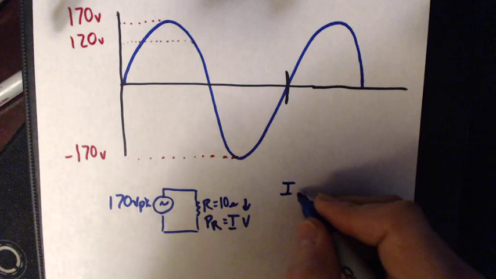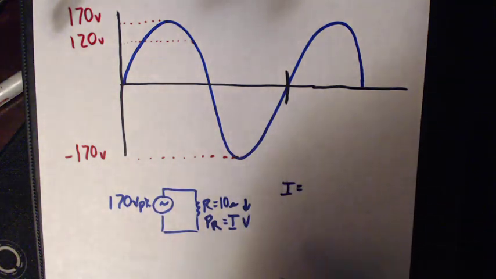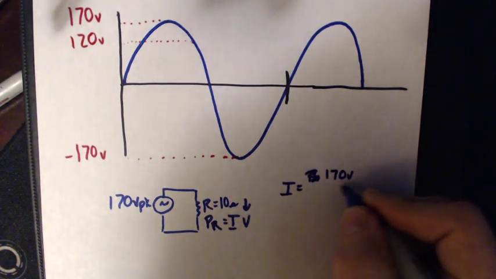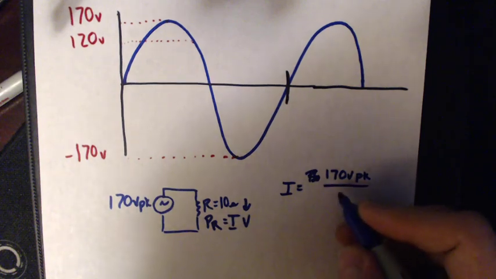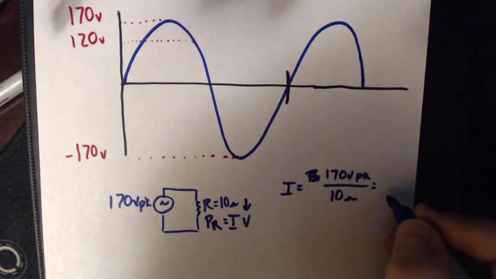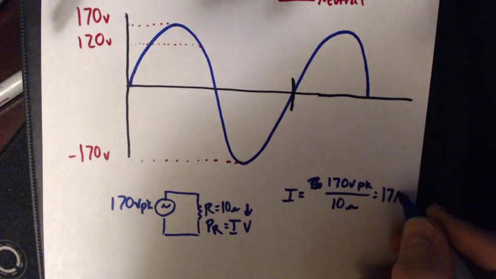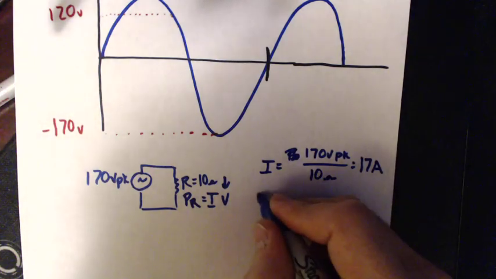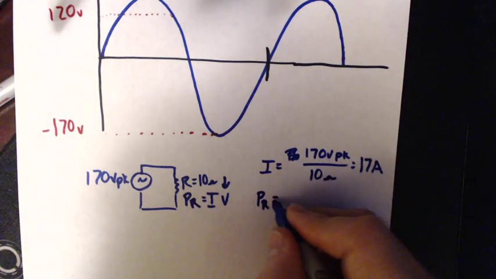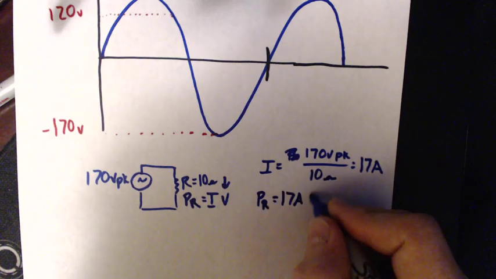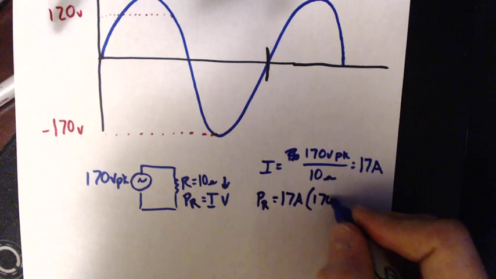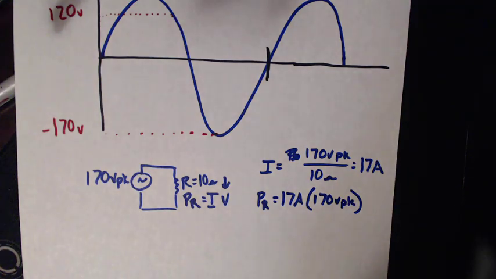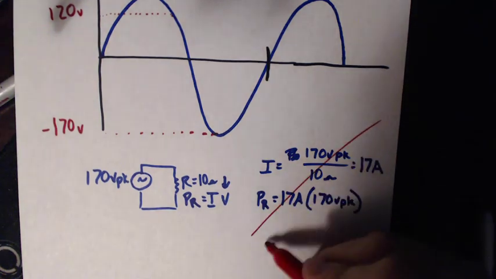We would say I is equal to, let's see, 170 volts divided by 10 ohms equals 17 amps. By the way, this is already incorrect, but we'll run with it. P_R is equal to 17 amps times 170 volts. Whatever number that comes up with is just wrong.